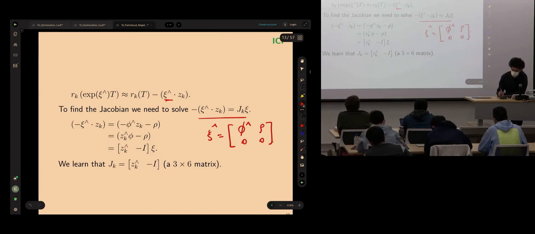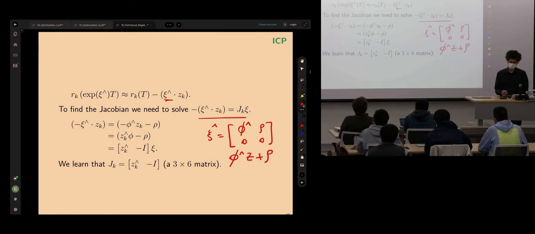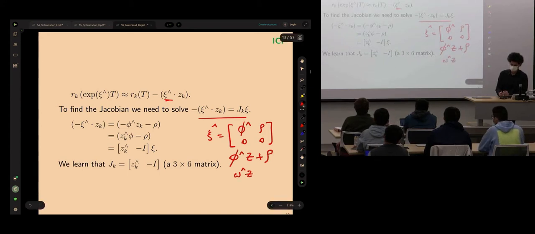Multiply this matrix by a vector, and the action of it will give you this, right? We have a negative sign, so it's going to be negative of phi skew times Z minus rho. Rho is the translation. Or you used to omega and V, maybe. It's the same thing.